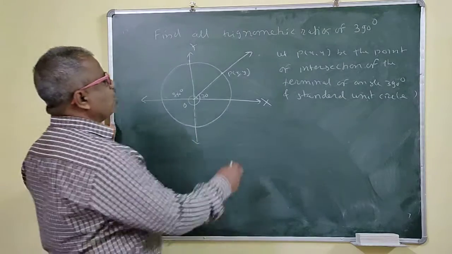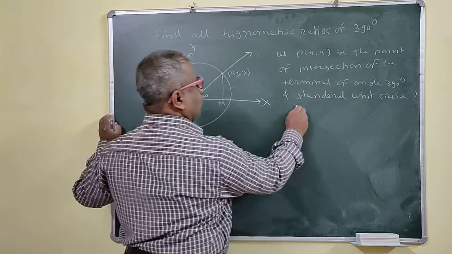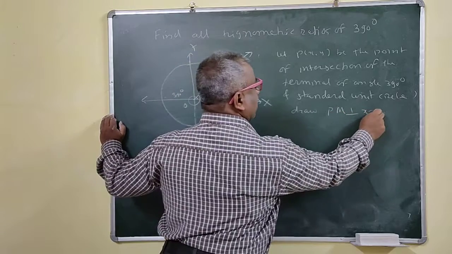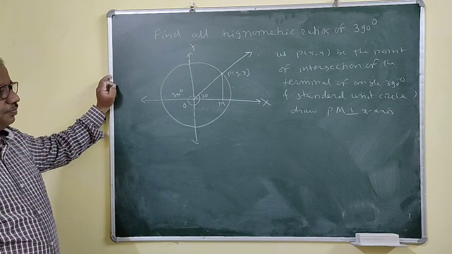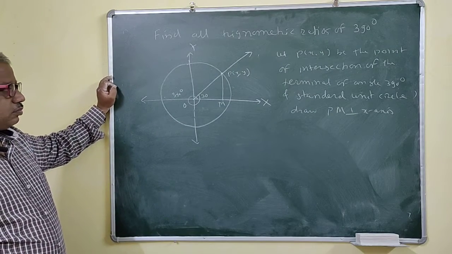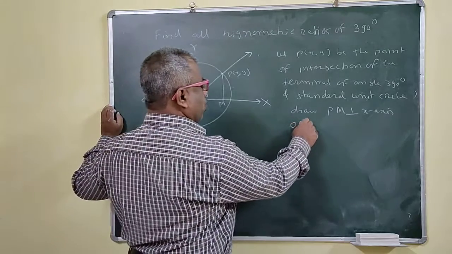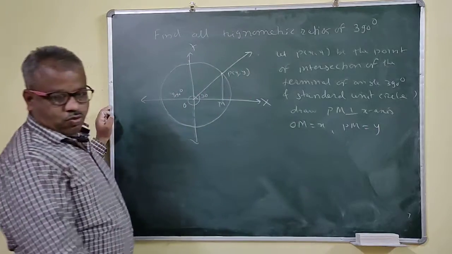Now, so what we'll draw? We'll draw PM perpendicular to x axis. Then OM is equal to x and PM is equal to y.